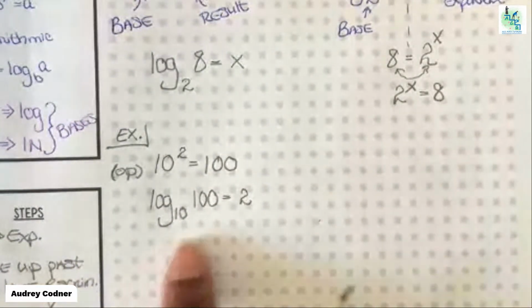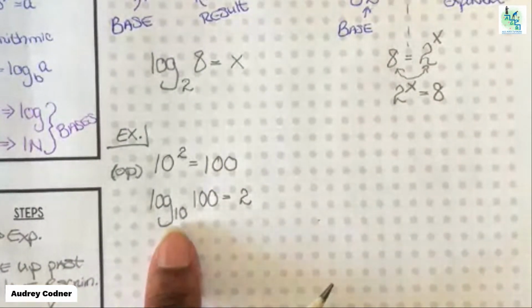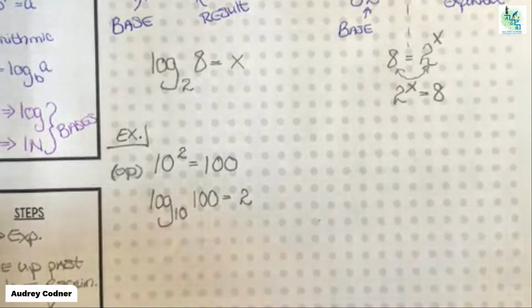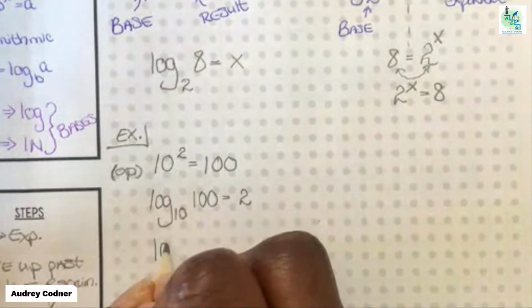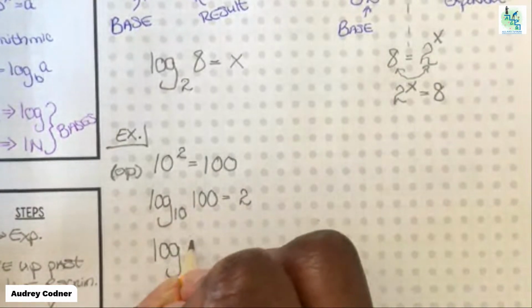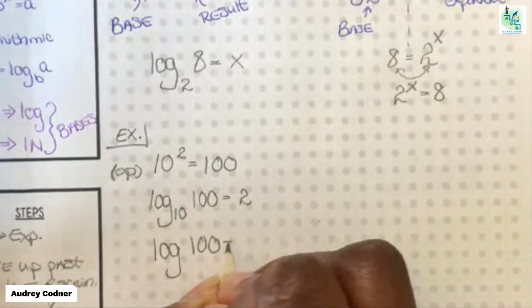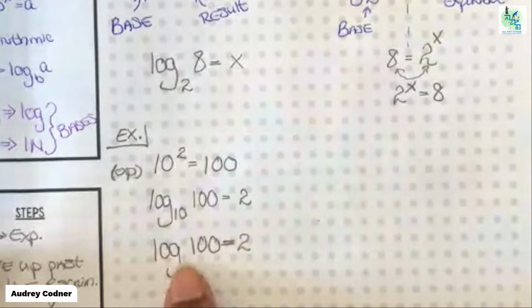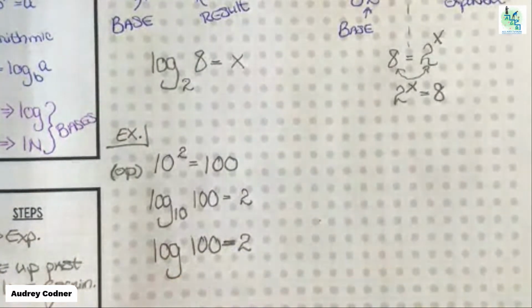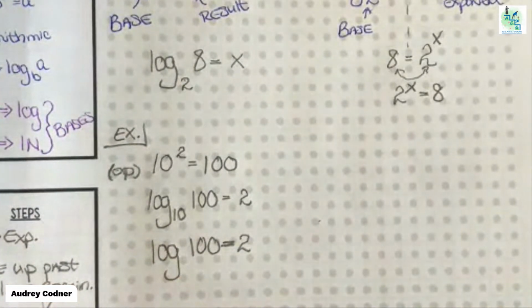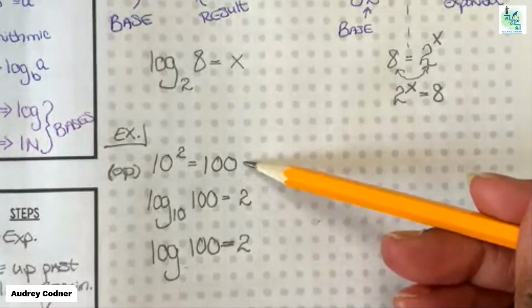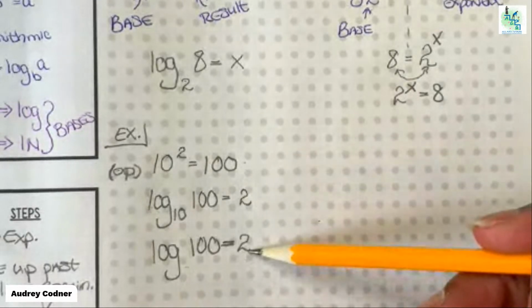Now, I know we're just starting out, but anytime you see a log with a base of 10, you could just simply write the word log, because the base of 10 is always understood to be a part of the log. All right. So you don't have to write log base of 10. It's always assumed that it's there. So that's how you go from an exponential to a log.